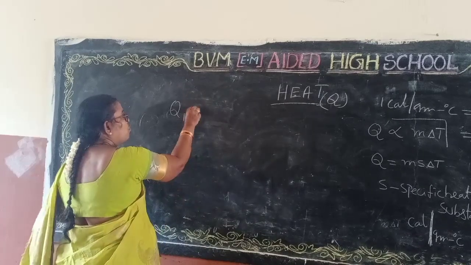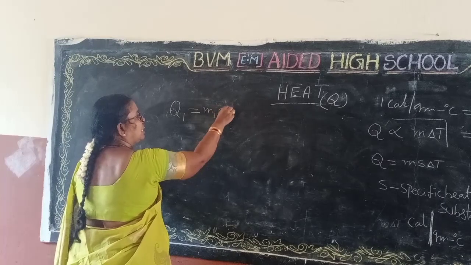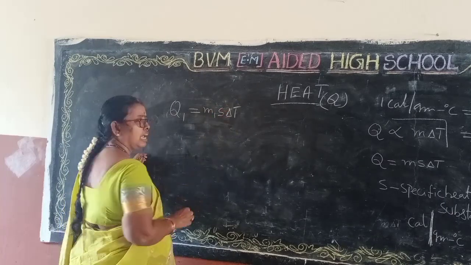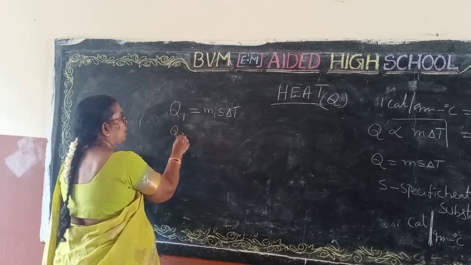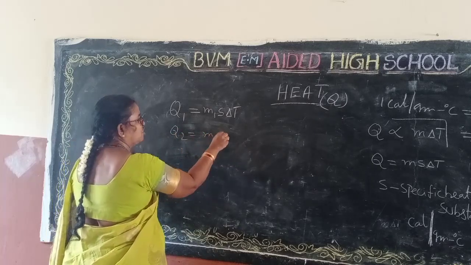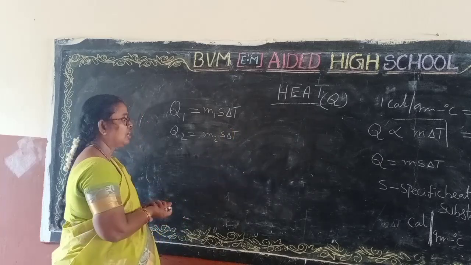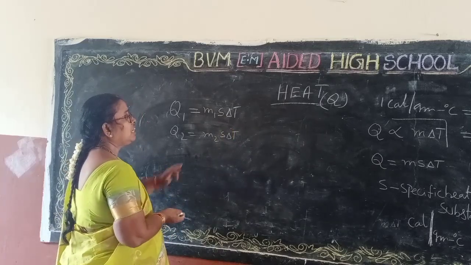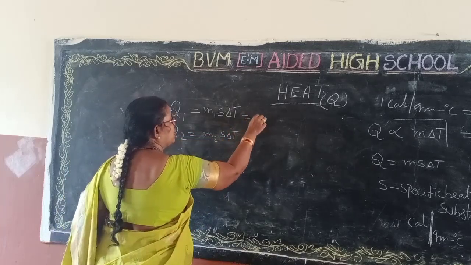In that case, we write Q1 is equal to M1 S delta T, Q2 is equal to M2 S delta T.